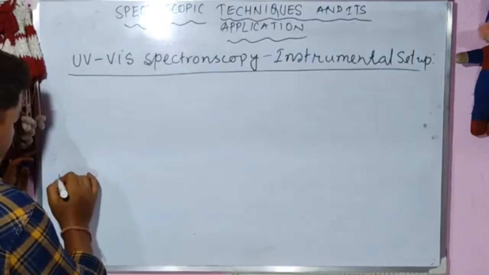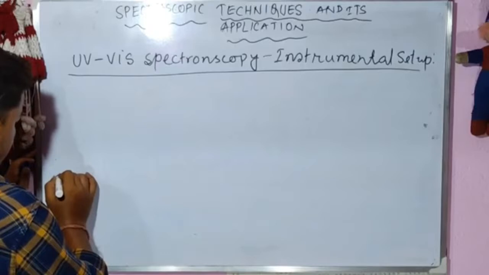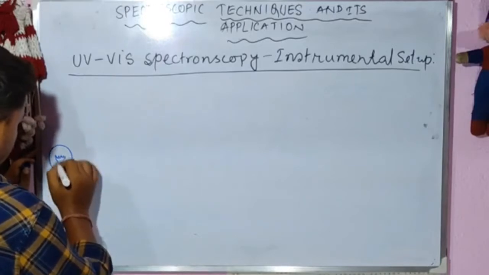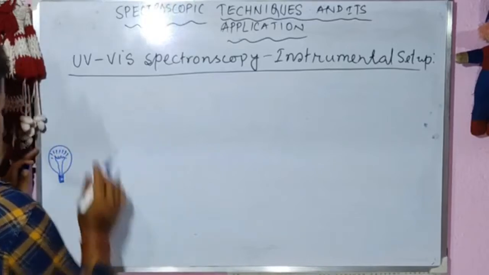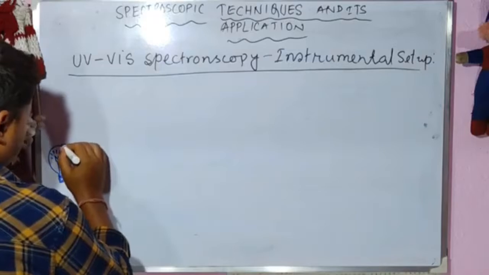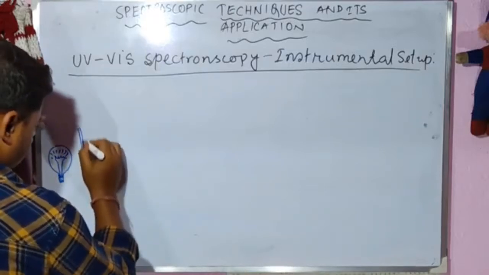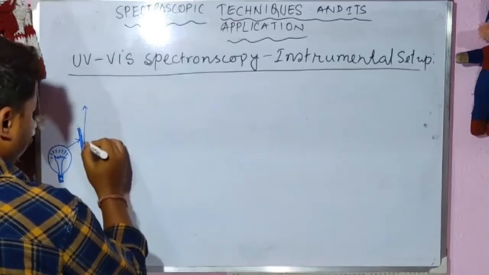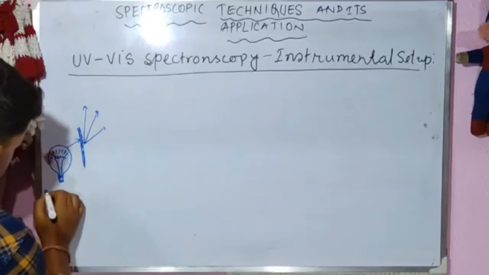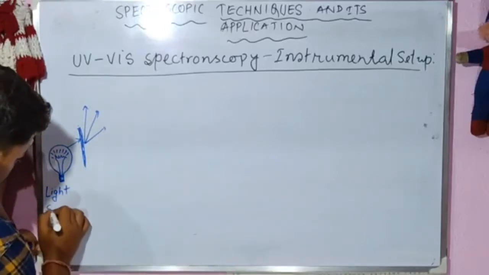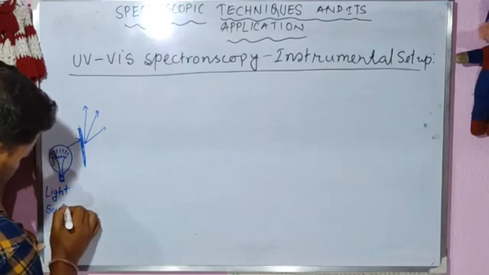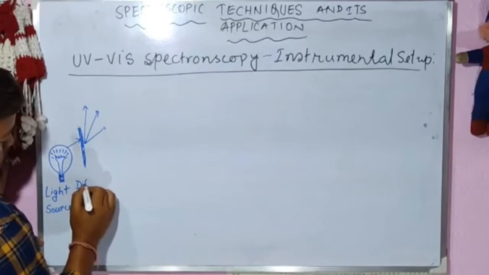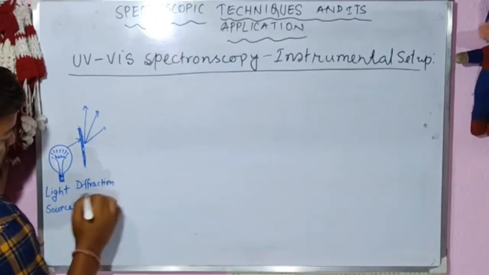There is a light source. This is called a diffraction grating.